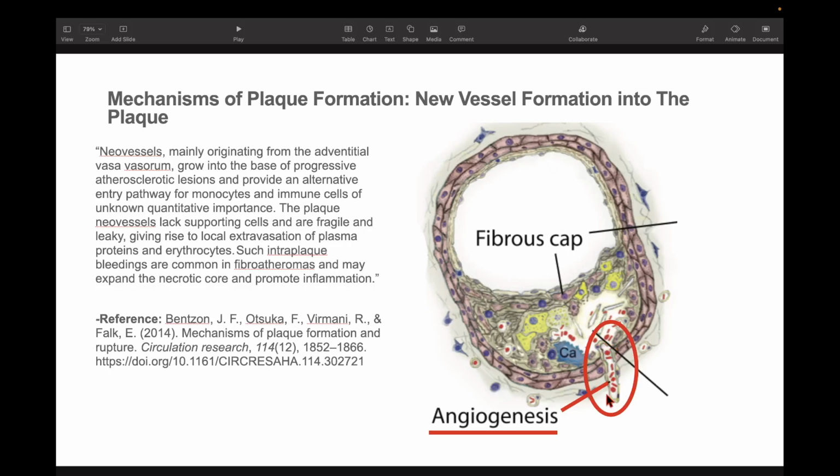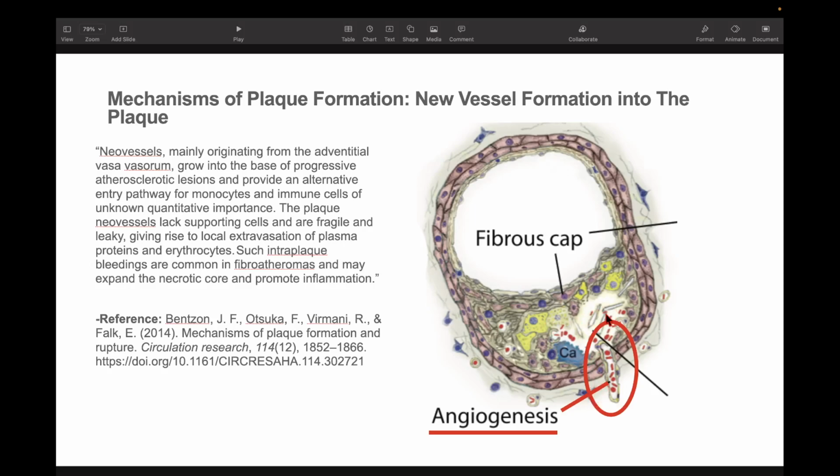The problem is that the new vessels are leaky, so you get red blood cells leaking there, and now you have heme iron inside this necrotic area that can oxidize more lipids, and you have these inflammatory components and more immune cells coming in. So it makes this process even worse. This gnarly wound on the vessel that kind of formed a scar and thickened up a little bit is now growing, becoming more swollen, becoming more problematic.